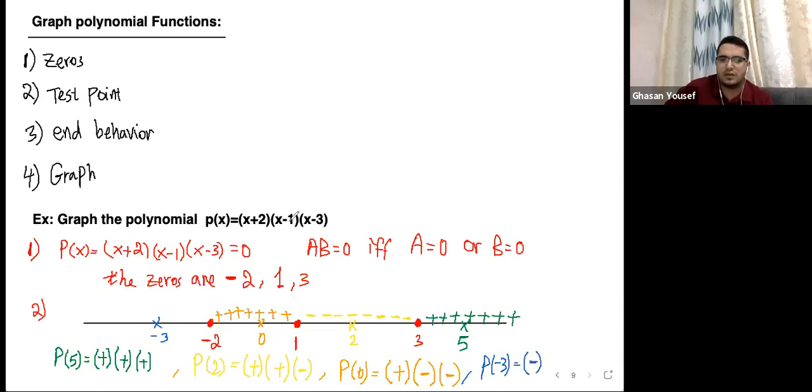Minus 3 minus 1 is minus 4, so it's negative again. Minus 3 minus 3 is minus 6, negative again. Negative times negative is positive. Positive times negative is negative. So here is negative. Is it clear?